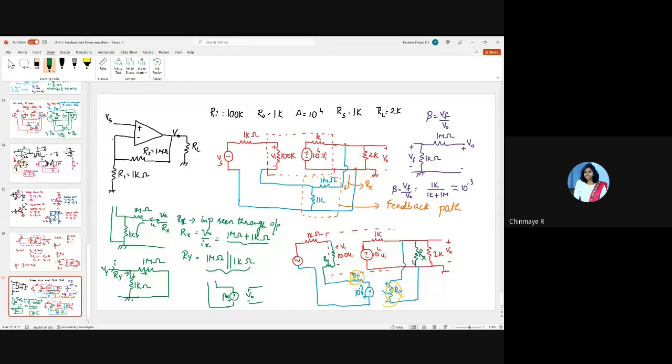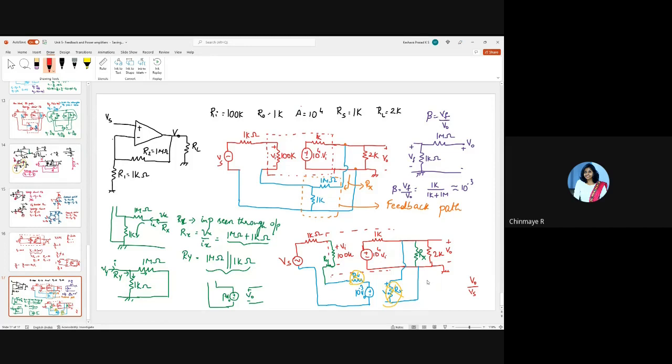Now, since the feedback network is ideal, we'll forget about this feedback network because we already have calculated beta. What we'll do now is calculate V naught by Vs. You disconnect this feedback network, because we know it's ideal.